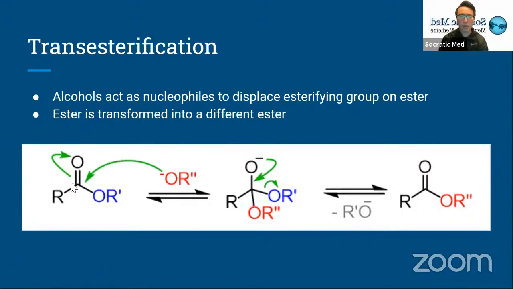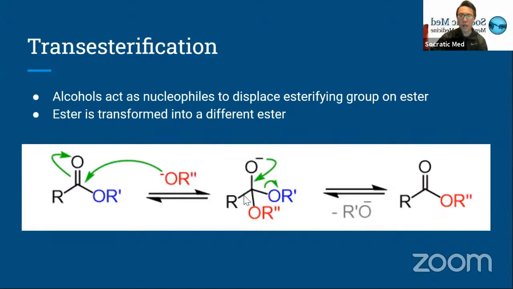So the red alcohol, this new alcohol group, will attack the carbonyl carbon, resonate the electrons from the lone pair onto the oxygen, and this forms the tetrahedral intermediate in the middle, and you can reform the carbonyl because alcohols are good leaving groups. So the electrons from that negatively charged oxygen will resonate down to reform that double bond.